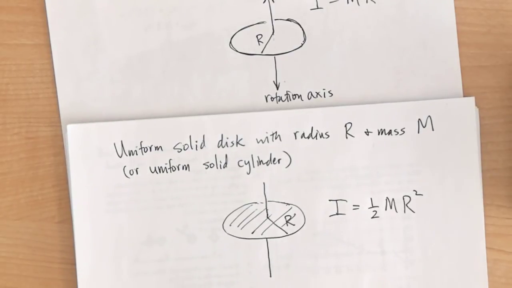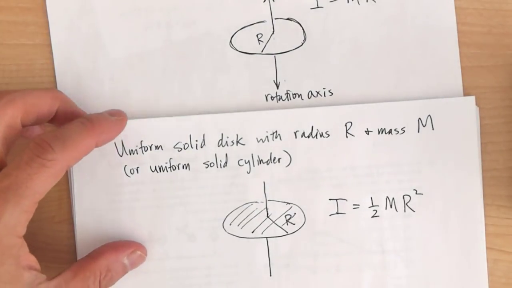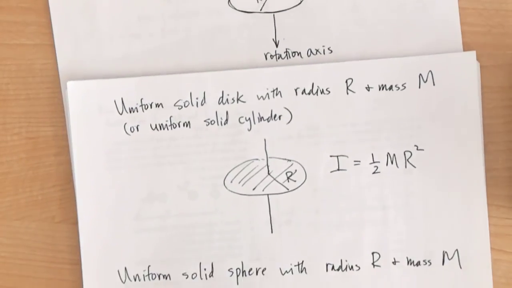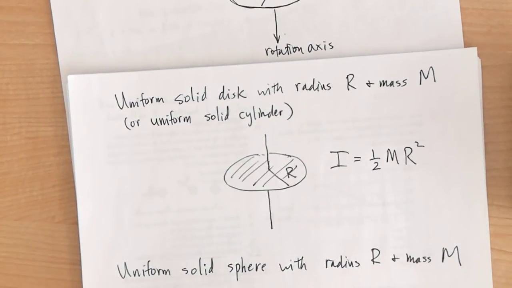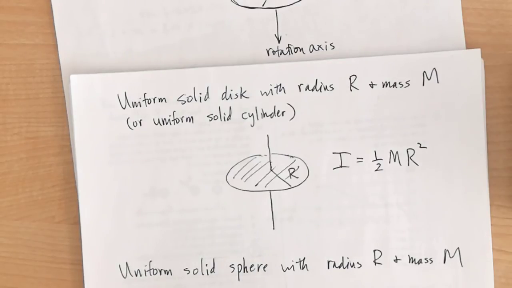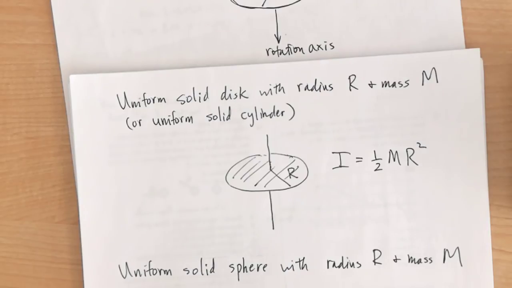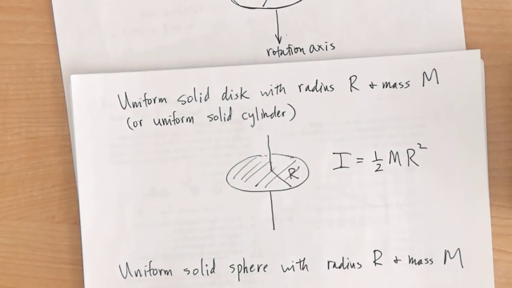All right, the last thing I want to mention is the case that sometimes we need the moment of inertia about an axis that doesn't go through the center of mass.